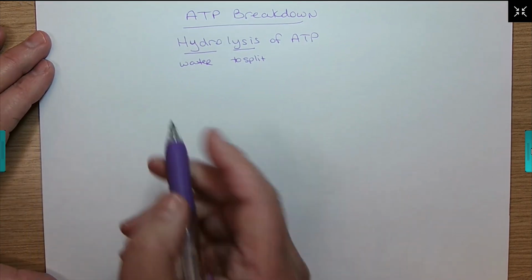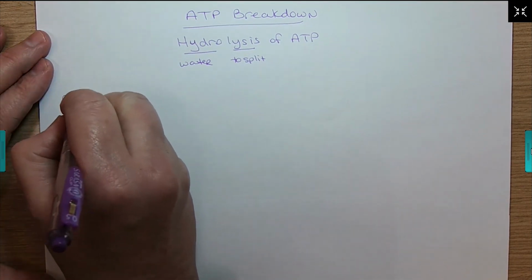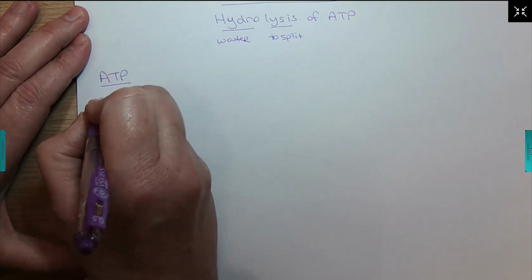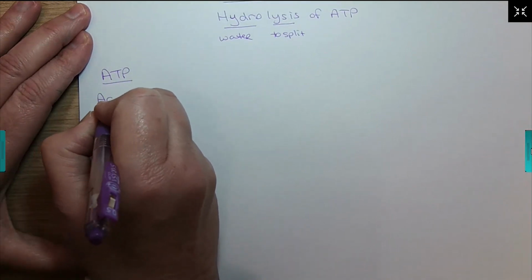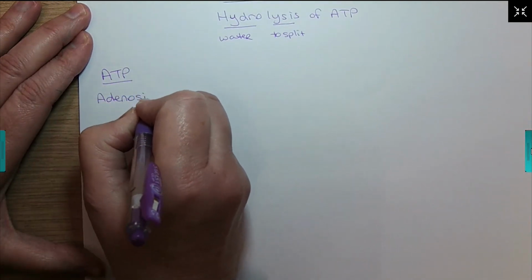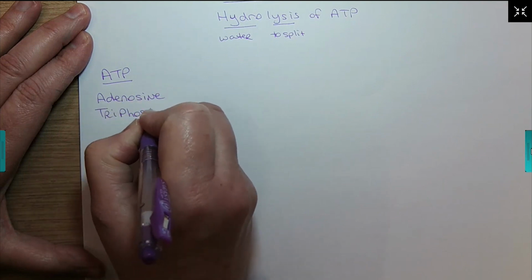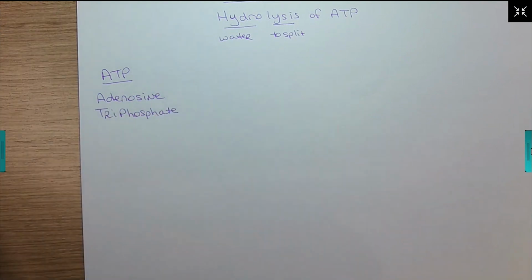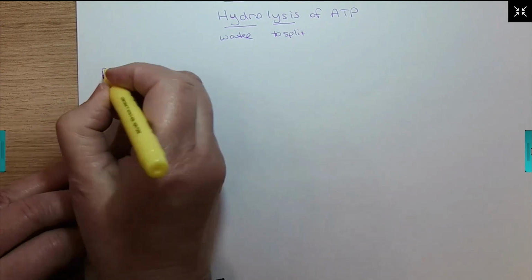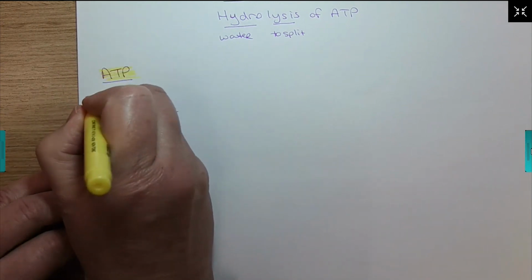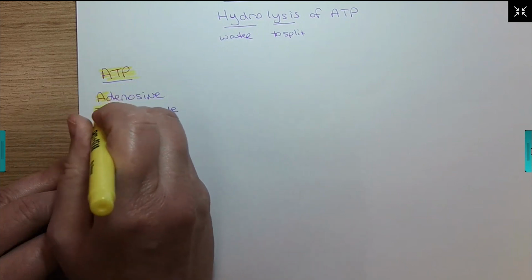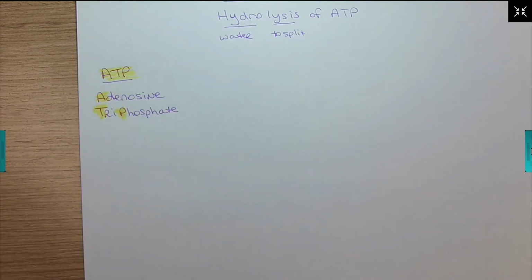So let's first take a look at ATP. It stands for adenosine triphosphate. So that's where those letters come from, adenosine triphosphate, ATP.